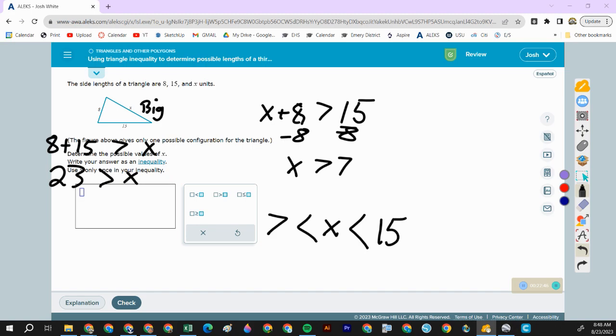But if x is 23, then the 8 and the 15 are too small to create a triangle. Does that make sense? So we have to treat x as though it's the smallest side and the largest side, and then figure out what the side lengths would be.